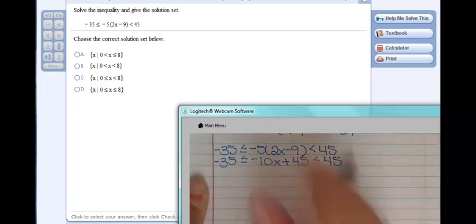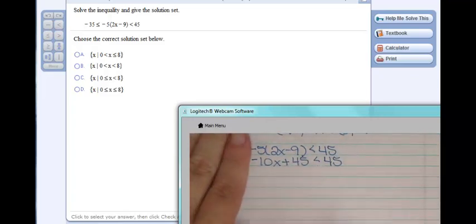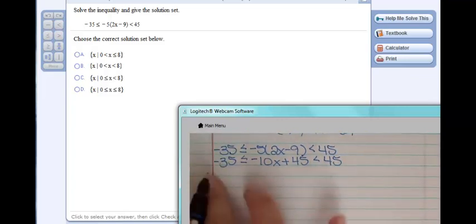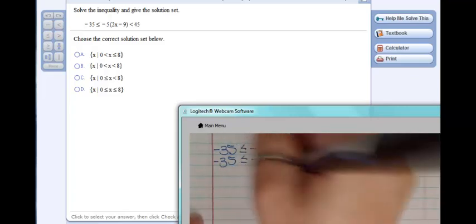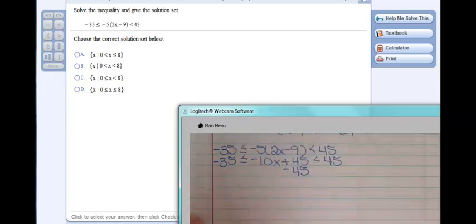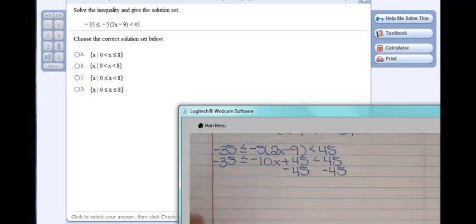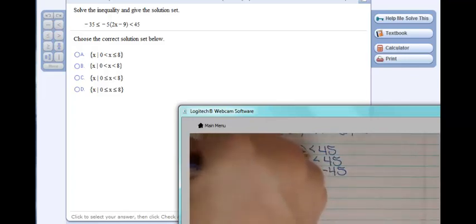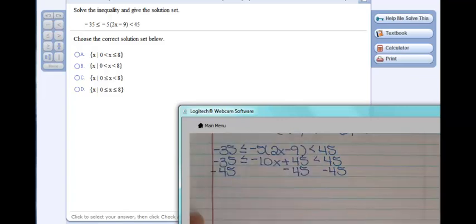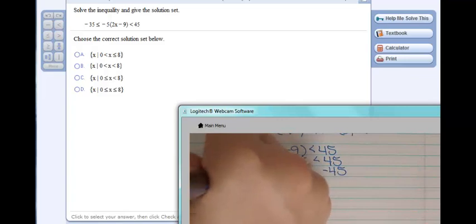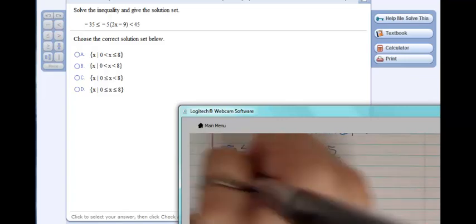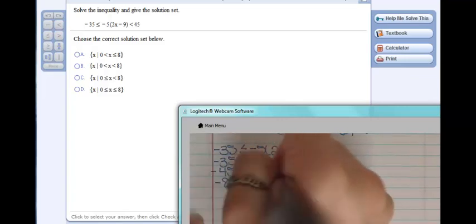To get x by itself here in the middle, we're going to subtract 45. So that means we subtract 45 from the right side, and that means we subtract 45 from the left side. Okay? So that would give us a negative 80 over here is less than or equal to a negative 10x, which is less than 0.